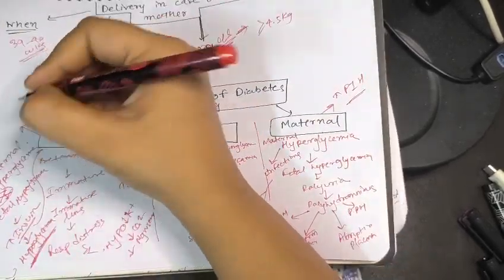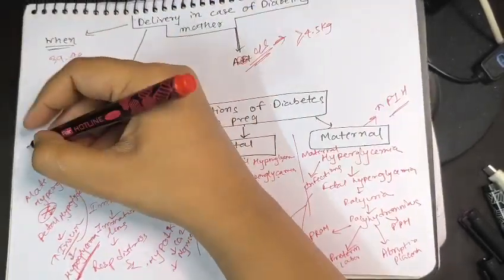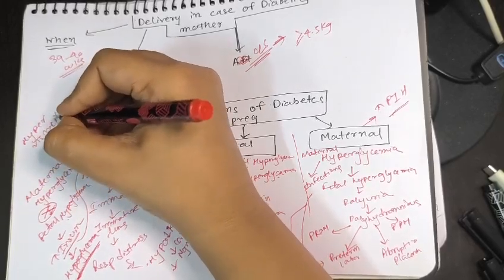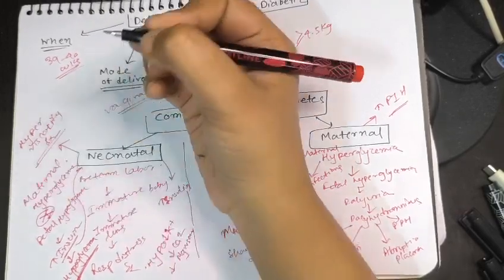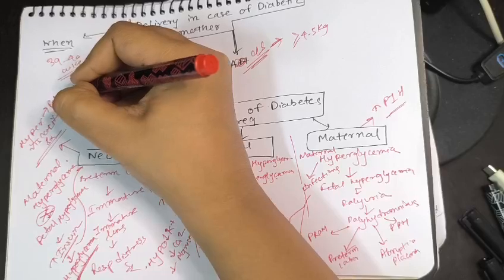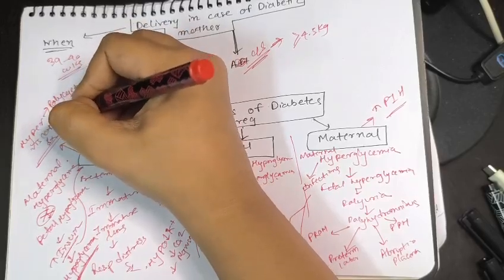including the neonatal complication. There will be what? Hyperviscosity syndrome. So that's why it will end up in polycythemia and hyperbilirubinemia.